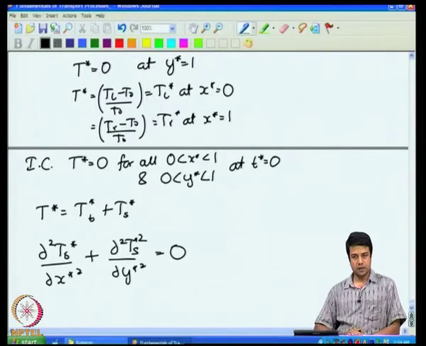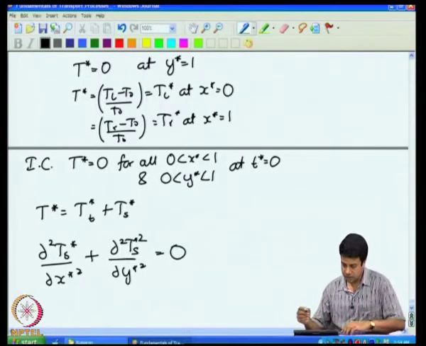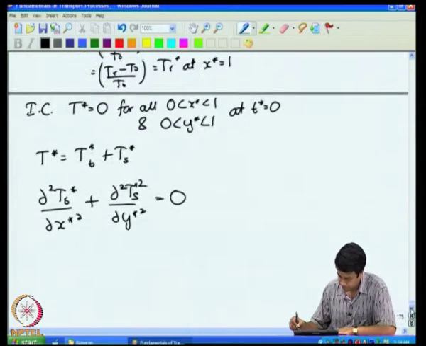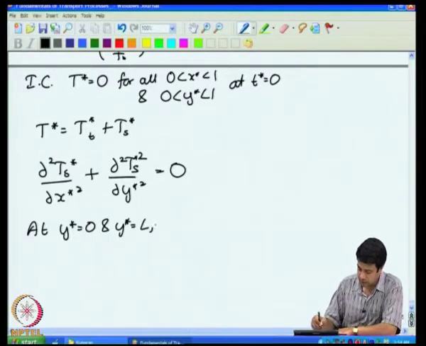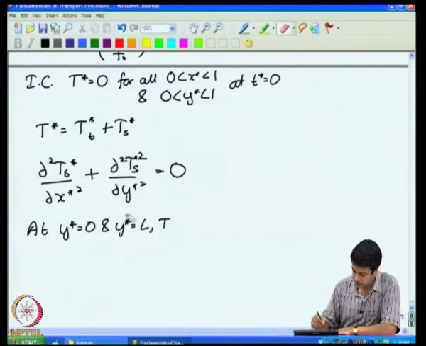And the boundary conditions for this are at y star is equal to 0 and y star is equal to 1, T steady is equal to 0.